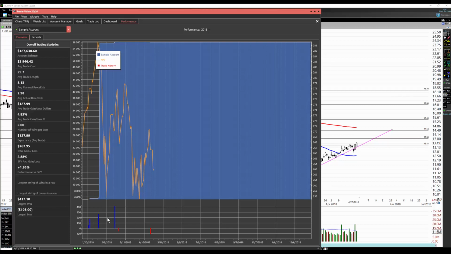You can also pick that up in this case because there are so few trades in the sample account. You could easily pick that up, and at this point this account is on a 2-loss streak. Prior to that it was on a 4-win streak. So we're working on that.